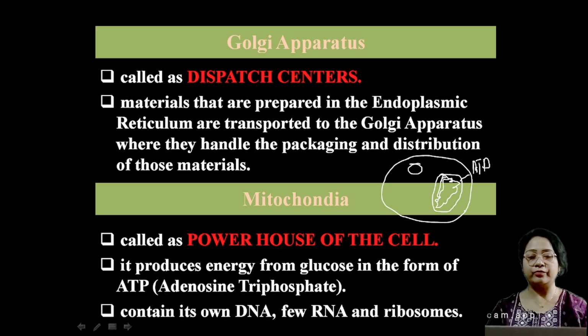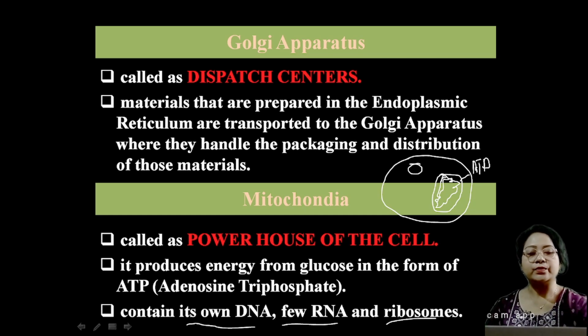From where do you get that energy? From the mitochondria of your cell. And the main peculiar point of mitochondria is that it contains its own DNA, RNA, and ribosomes.